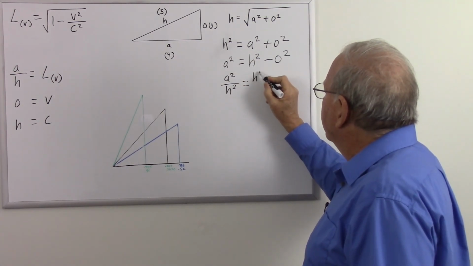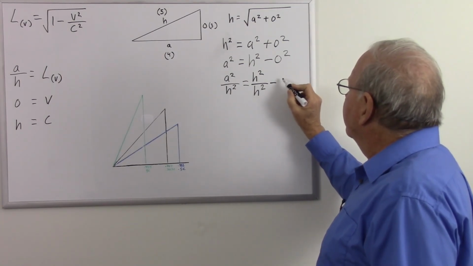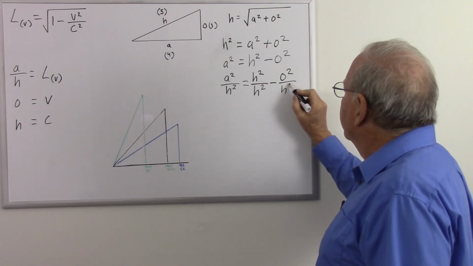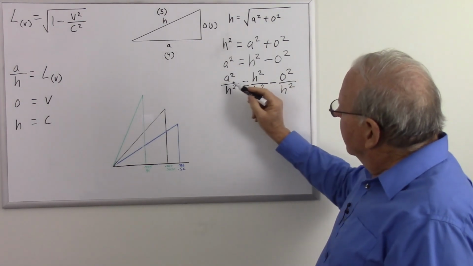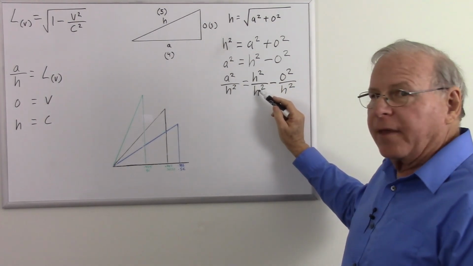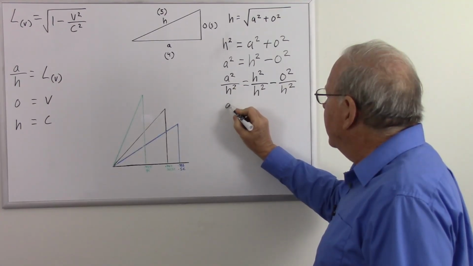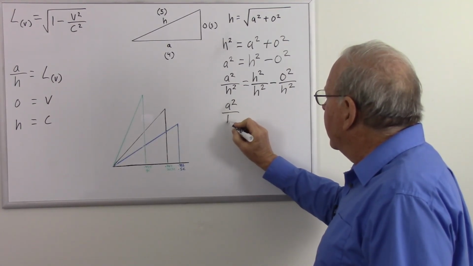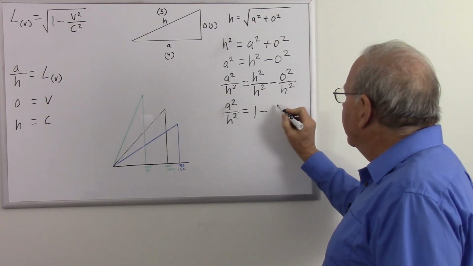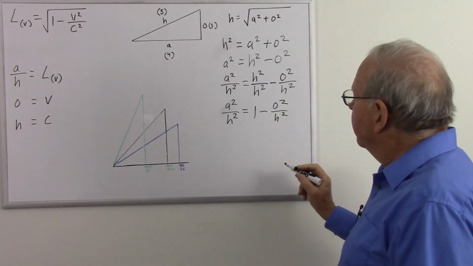So the hypotenuse squared is divided by the hypotenuse squared minus the opposite squared over the hypotenuse squared. Now, another look at this, we see that this term here is the hypotenuse squared divided by the hypotenuse squared. We know that's 1. So that brings us to the adjacent squared over the hypotenuse squared is equal to 1 minus the opposite squared over the hypotenuse squared.